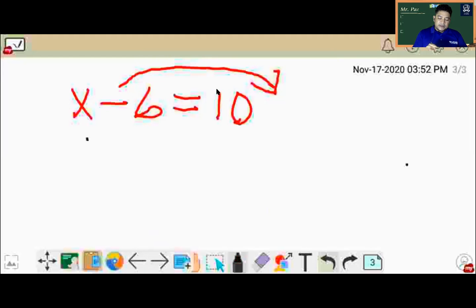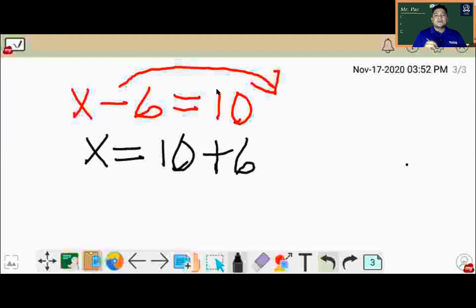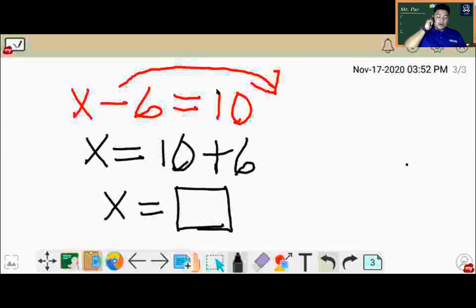So x will be equal to 10 plus 6, and you have the answer here. One more time, if the number is adding, you put it on the other side, subtracting. If the number is subtracting, you put it on the other side, adding, right? So you use the inverse operation.